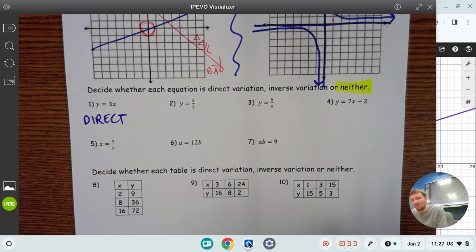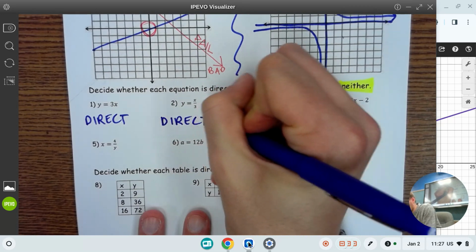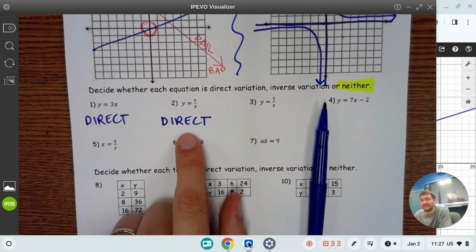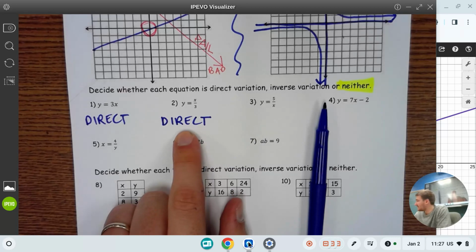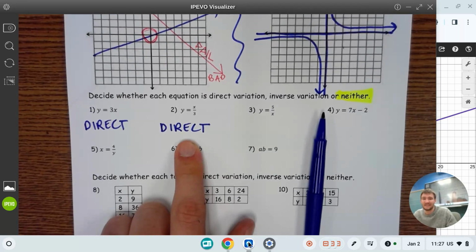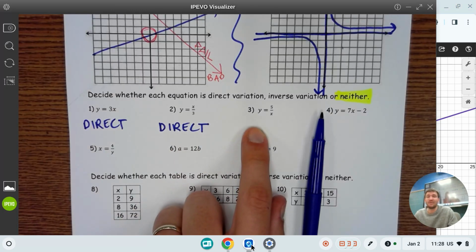This is a direct variation because it is a straight line that's going right through the origin. It doesn't look anything like an inverse. Honestly, if you're waiting for me to write direct, then you're struggling. I don't know what to tell you, okay? It's a straight line.